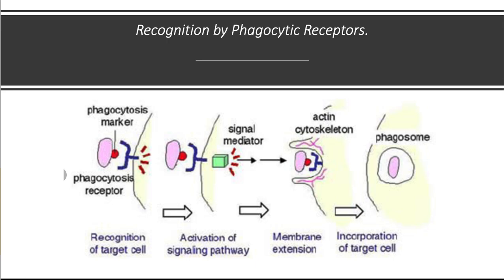The major opsonins are immunoglobulin G antibodies, the C3b breakdown product of complement activation, and certain plasma lectins, notably mannose-binding lectin, all of which are recognized by specific receptors on leukocytes.